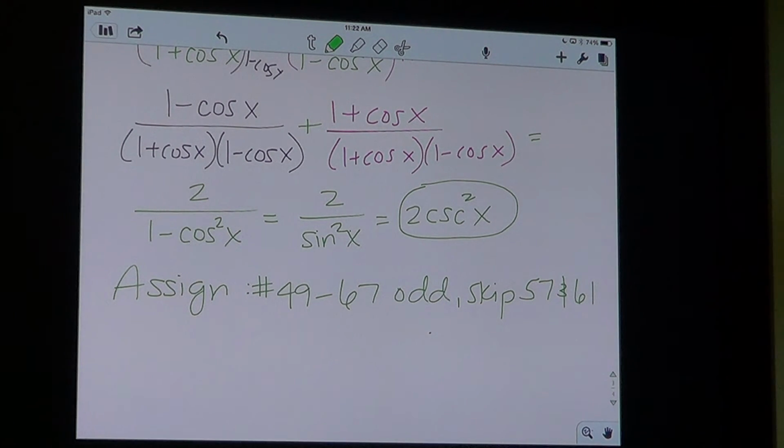I think I'm doing this wrong. For 49, should I change secant squared minus 1 to tangent squared? That's what I did. Yes. Okay. And the bottom one. Secant. So is that it? That's all you can do?